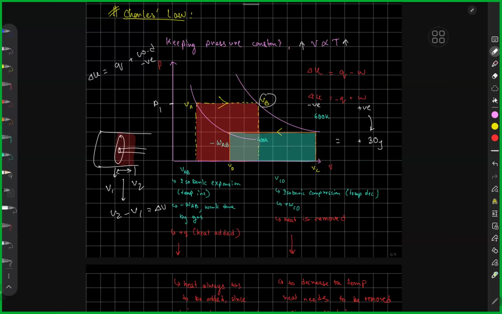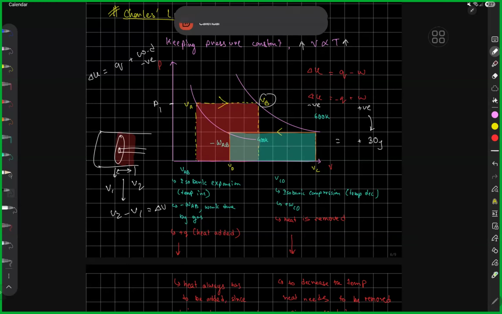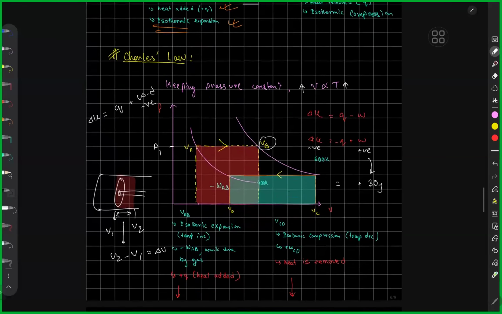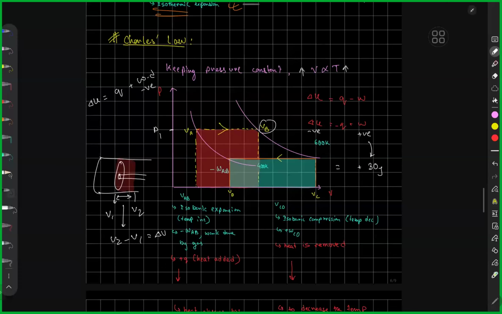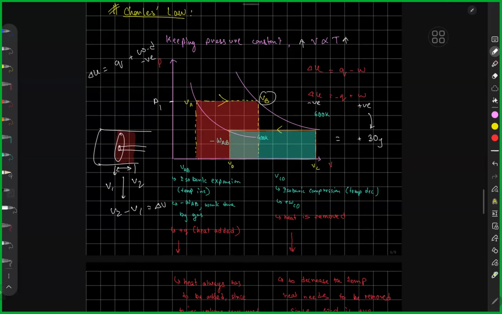And my change in internal energy, I found out, going from 600 Kelvin to 400 Kelvin, is negative, let's say negative 30 joules.